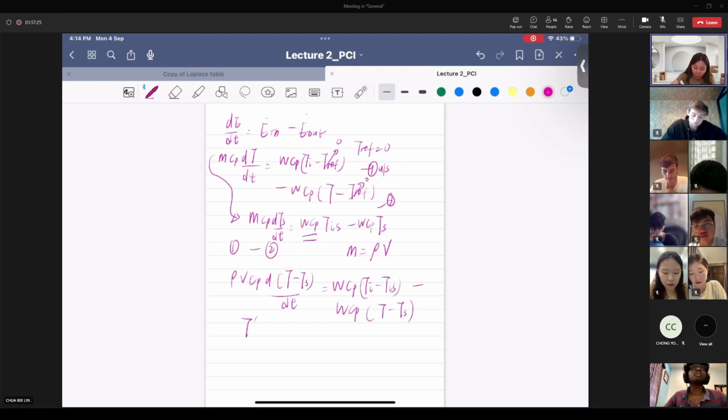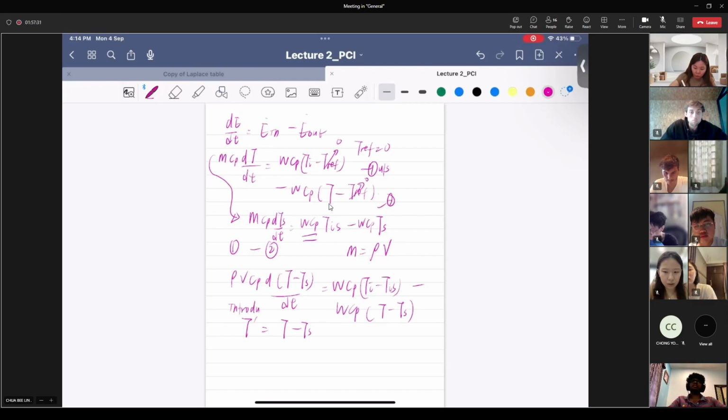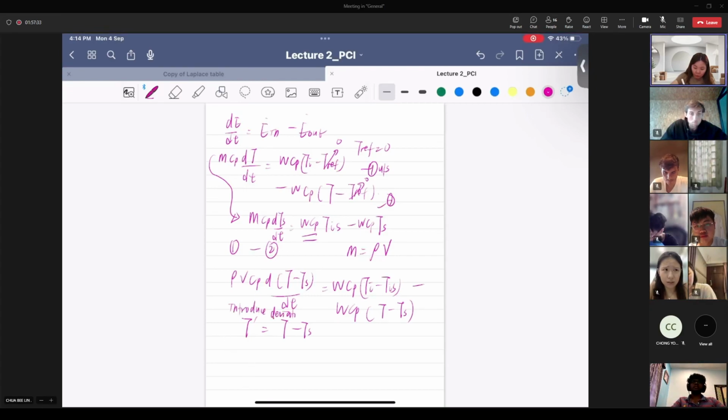Then you use the prime to indicate the deviation variable. So introduce deviation variables. Then you'll have Ti prime.